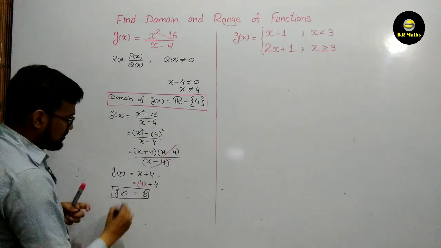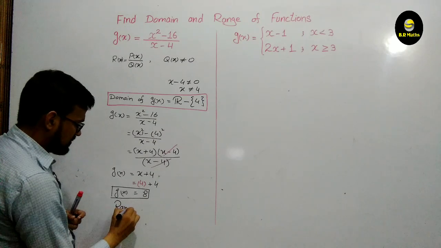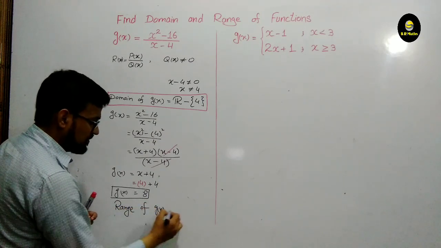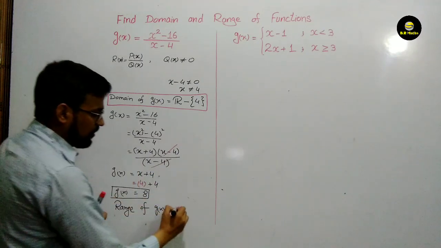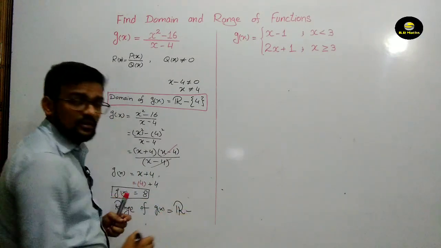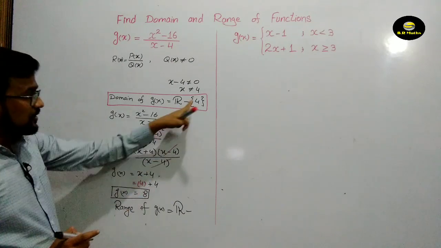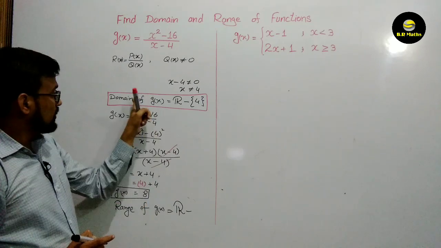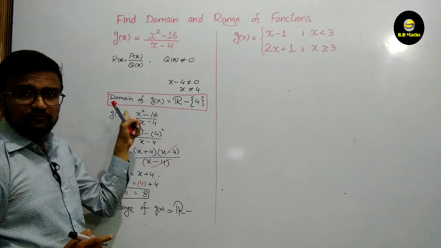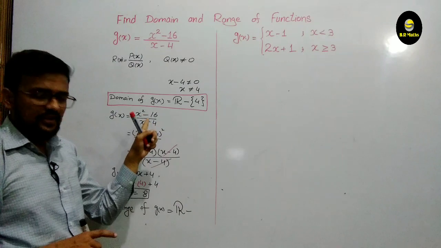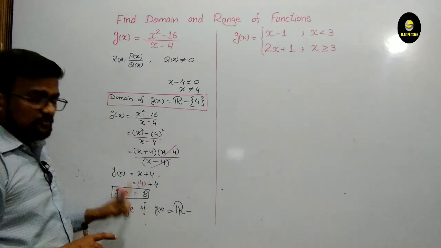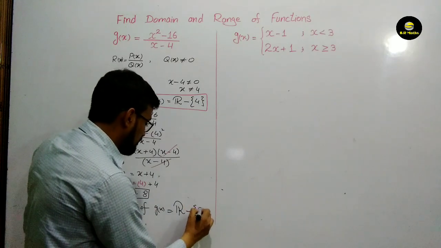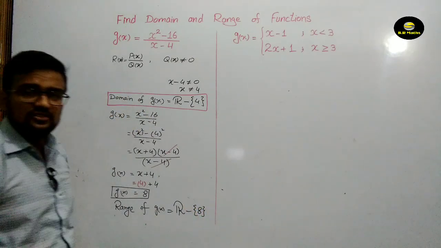Similarly, the range of g of x is all real numbers, but corresponding to this 4, the result is 8. So if 4 is not a value of the independent variable x, the 8 which depends on this 4 is also not included in the output, meaning the range.